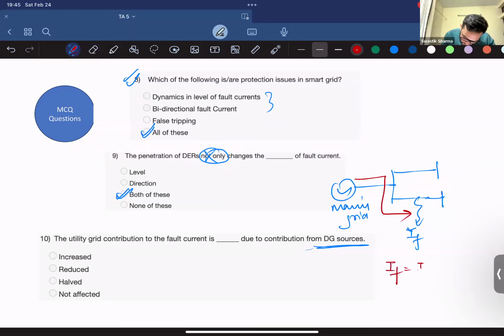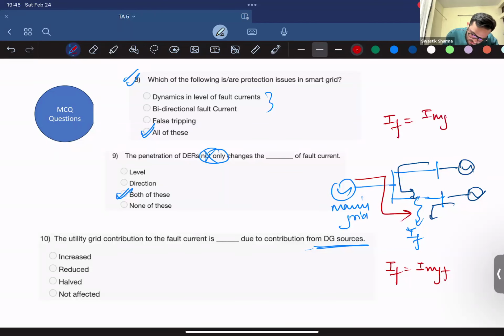So IF was IMGF. But if you install DGs, these will also supply a part of this fault current. Fault current is a constant quantity. It can't change much. So this IF will now be IMGF plus IG1F plus IG2F, from G1 and G2. So the contribution of the main grid current is reduced. So that's the component, right?